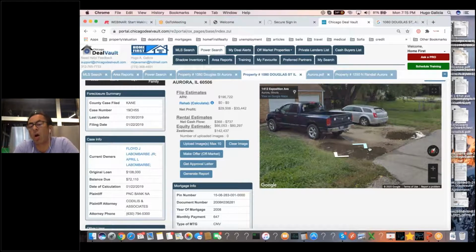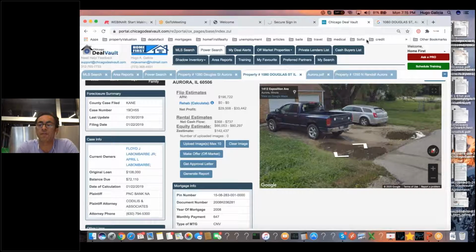So this could cost about 3 to 5,000 to do this, which is going to tap further into the net profit. So the rehab, if we do the driveway, is going to for sure hit 40,000. So the profit on this flip is going to be, I would say, between 25 to 30,000.